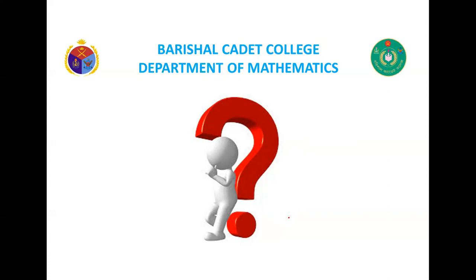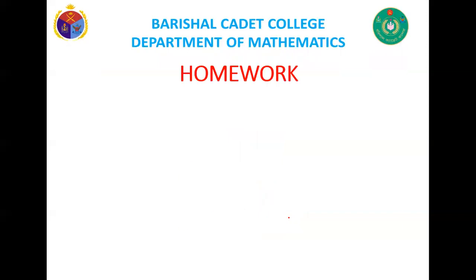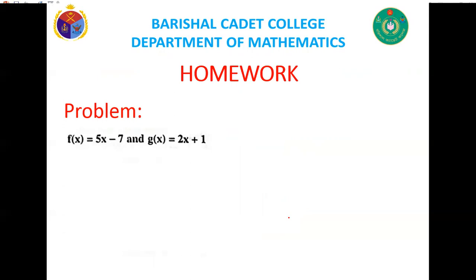Now it is time for the home task. Your homework is f(x) = 5x − 7, g(x) = 2x + 1. A: evaluate 13 + |−1| − 4 − 3 − |−8|.